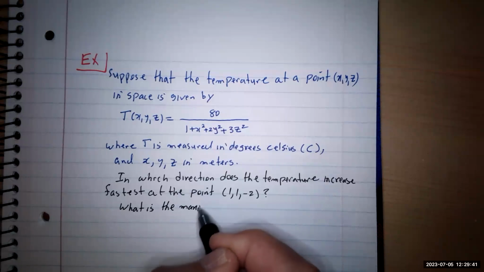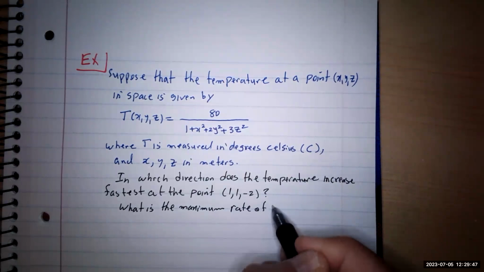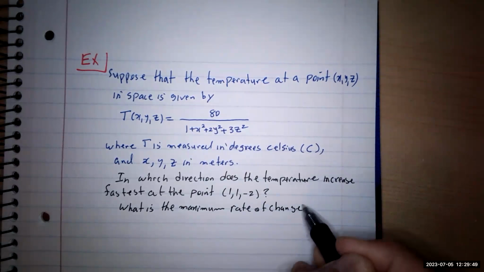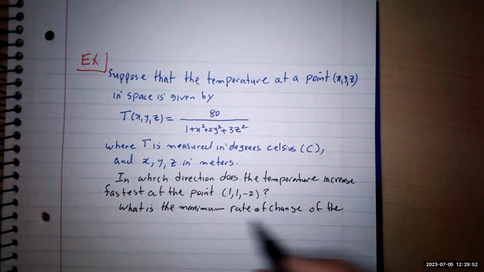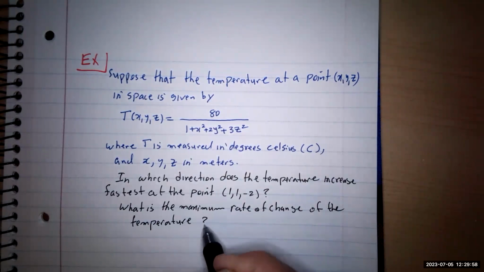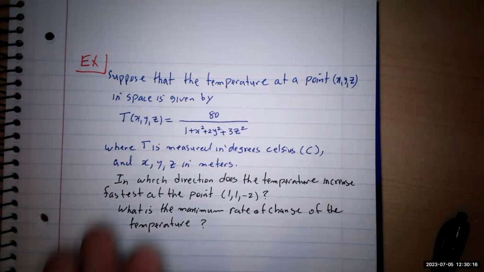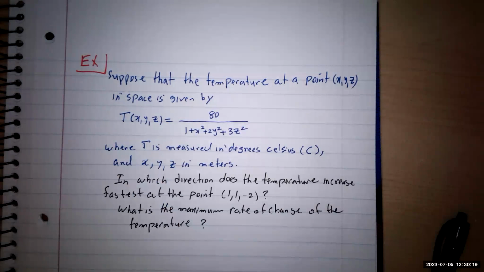That's it. You see, it's an application version of the abstract that we talked about, in three dimensions. You know the answer: the direction is going to be the direction of the gradient vector of the function.